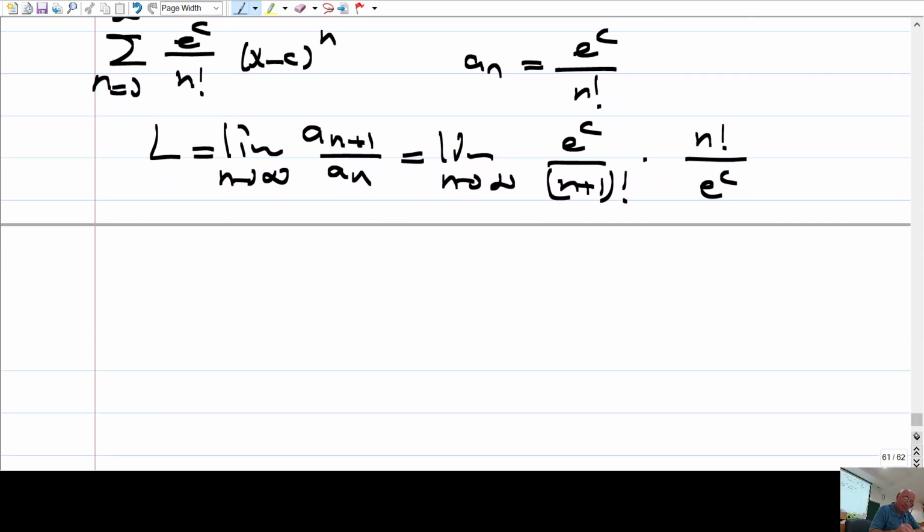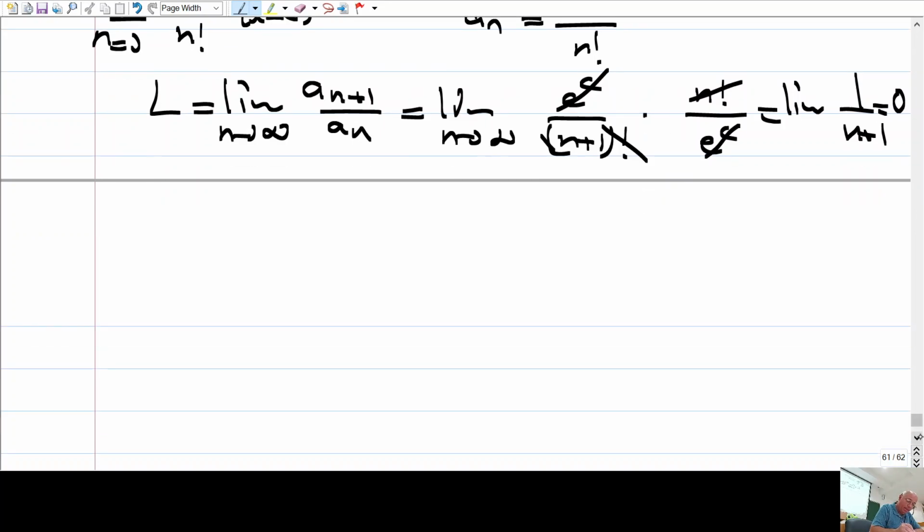There are some cancellations here, right? e to the power c cancels, and n factorial cancels. Only the limit of 1 over n+1 is left, and this limit is 0. So L is 0, hence the radius of convergence is 1 over L. Since L is 0, it is infinite. So the radius of convergence is infinite.